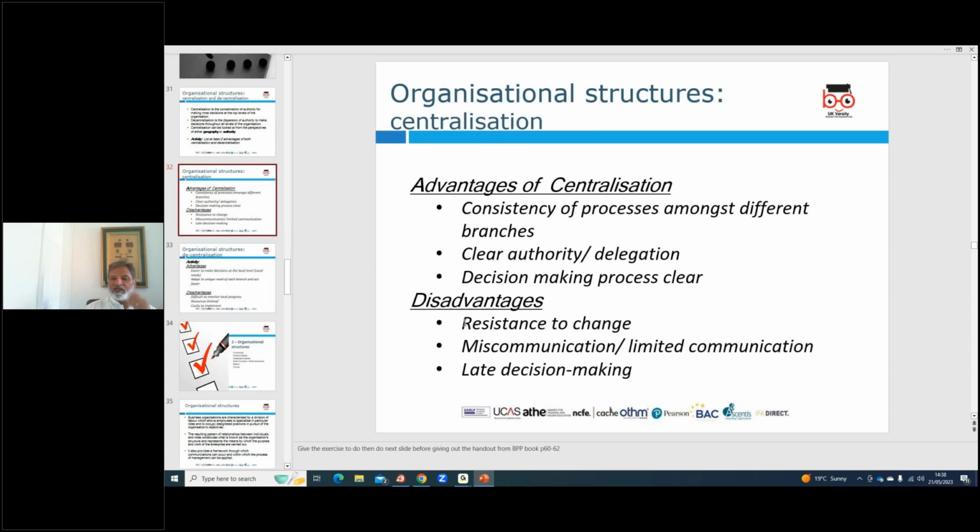It's mostly one-sided communication, and late decision making, because it's a long chain of command, or authority is vested in only a few people. That's why it takes longer.